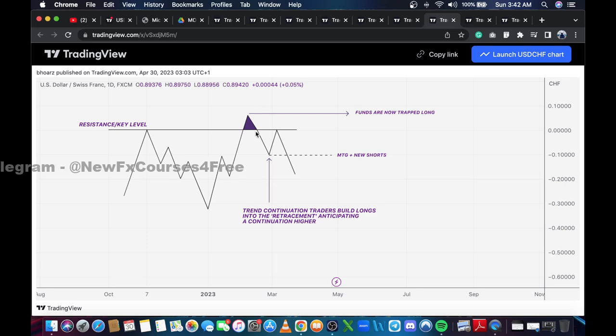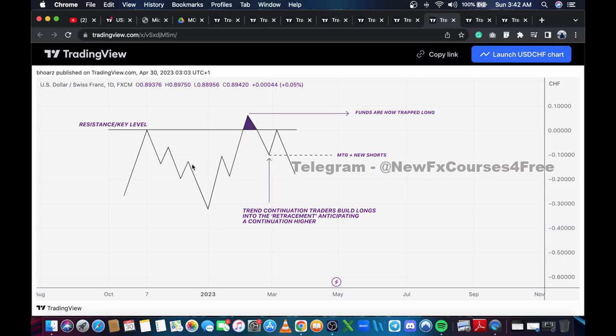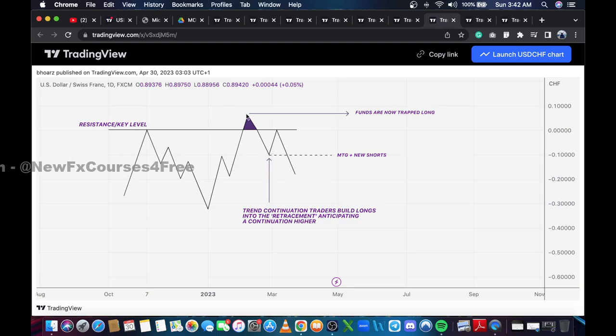Now, the market starts to retrace back up, and trend continuation traders who are looking at this as a break of structure, a break above a long-term high, are looking to continue the trend higher, and they start to build their own longs while the funds have their longs here.